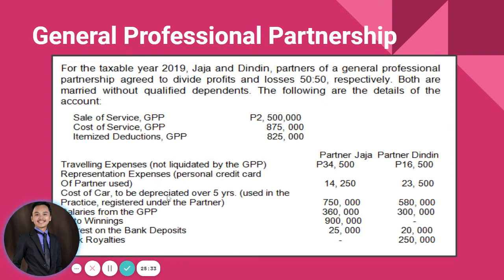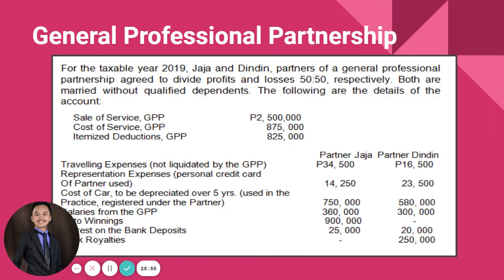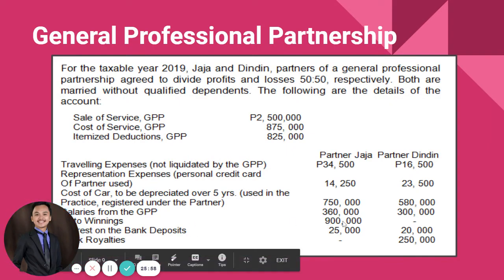Okay? And aside from that, they also earn salaries from the GPP, 360 and 300 respectively for Jaja and Dindin. They also derive lotto winnings of 900,000. Jaja won the lotto for 900,000. Interest on bank deposit, guys. Do you still remember the rules on passive income for our individual taxpayers? So lotto winnings, since it's more than 10,000, will be subject to 20%.